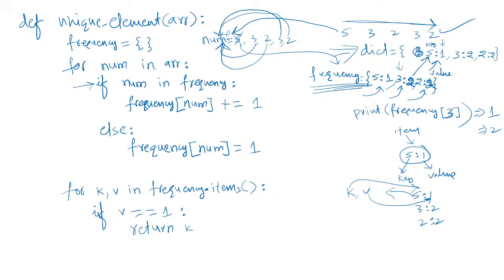It is printing the unique element here. So this is using a dictionary.